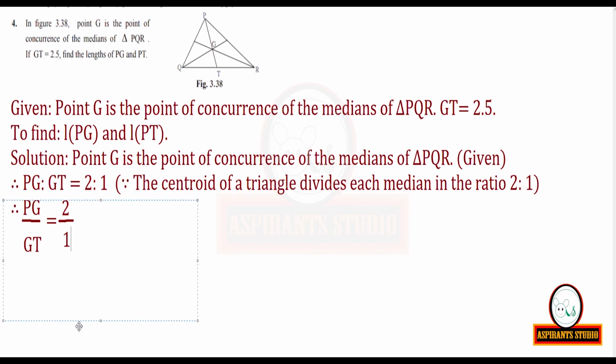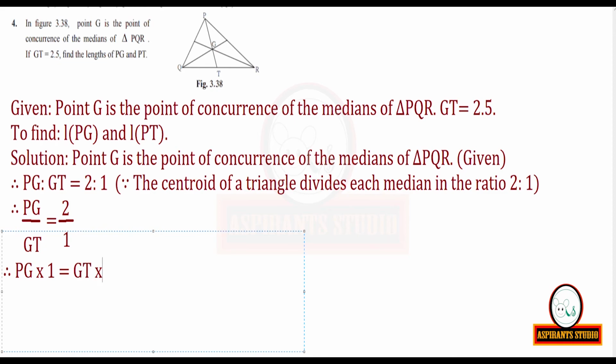PG multiplied by 1 will be equal to GT multiplied by 2. Now PG multiplied by 1 is PG, so PG is equal to GT multiplied by 2.